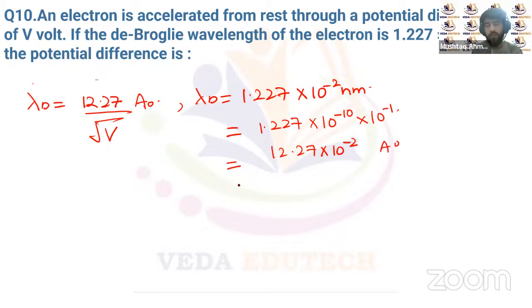So this will be the de Broglie wavelength in terms of angstroms.